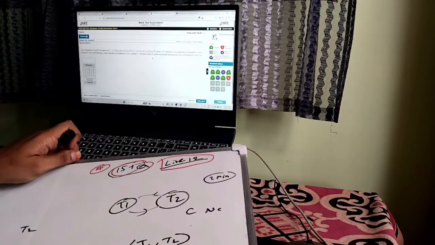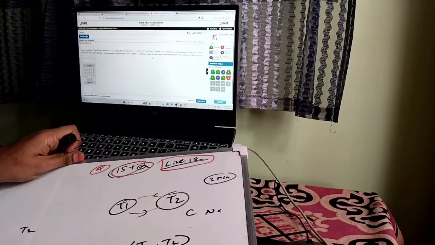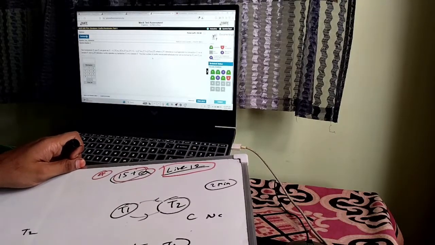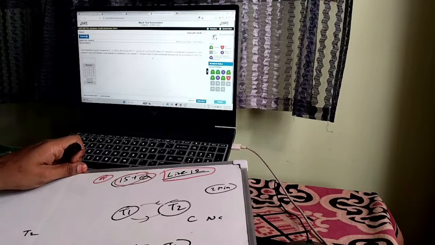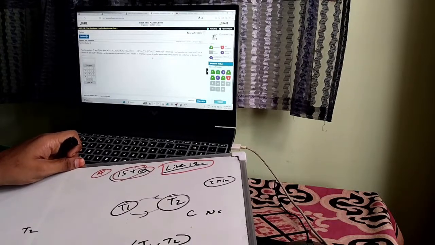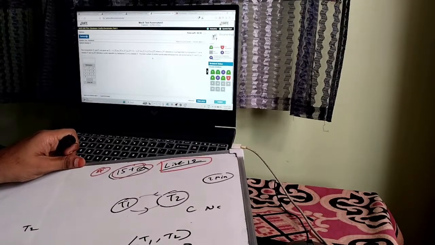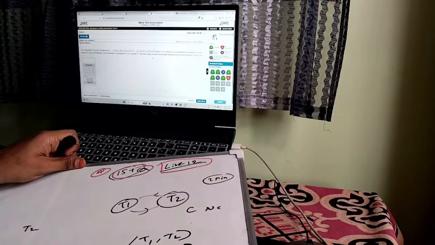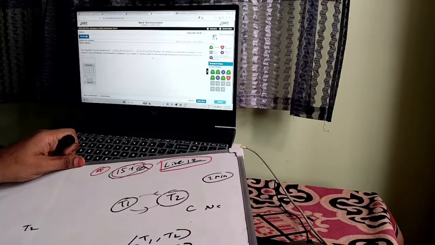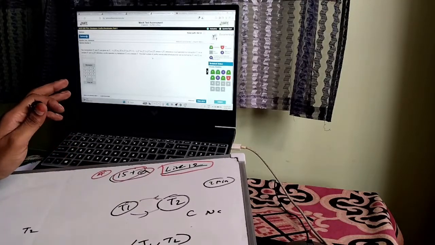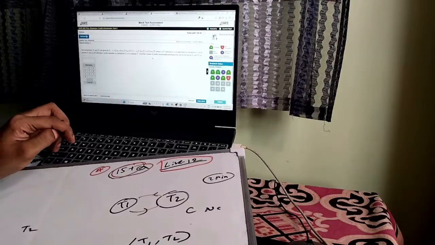R of Y, W of X. We don't know what's here, so let's imagine R of Y, W of Y, then R of Z and W of Z. Total number of complete serial schedules that can be formed.